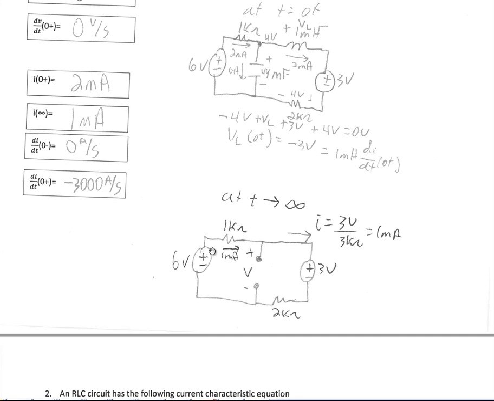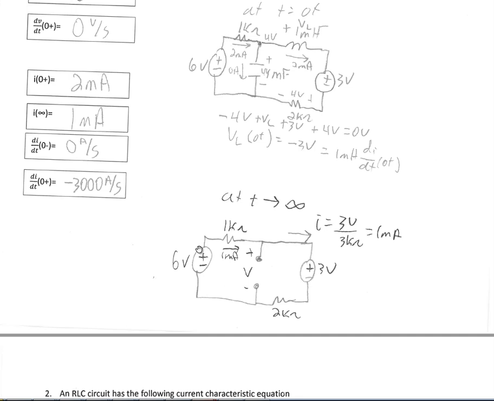Okay, so in this case we want to figure out, what is the current that we have there? Well, if we combine these resistors in series, we combine the voltages in series, we know that we have a net of 3 volts of potential, because we have 6 volts here, it's opposed by 3 volts there.